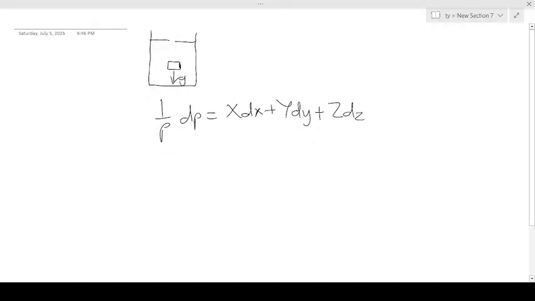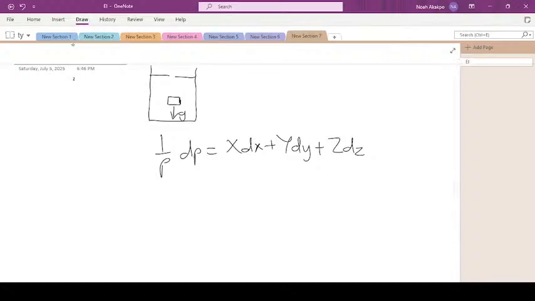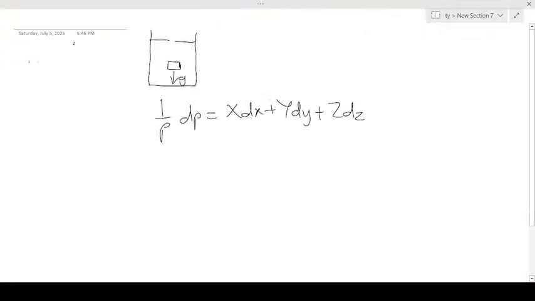And so if gravity was the only parameter acting on the body, we know that the z-axis is going this way, then we have our y-axis going this way, and our x-axis going this way.